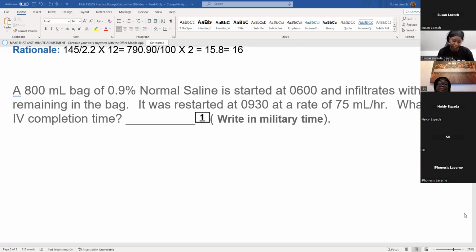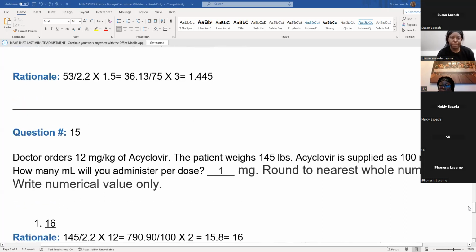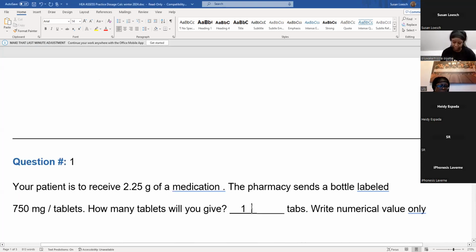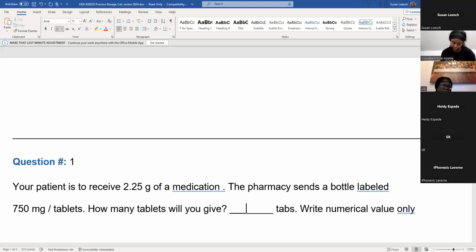All right. Let's just go through the practice test then. For this one, you just had to do what? Convert. Convert desired over have and convert. So anybody have any issues with that? No. Everybody's good?